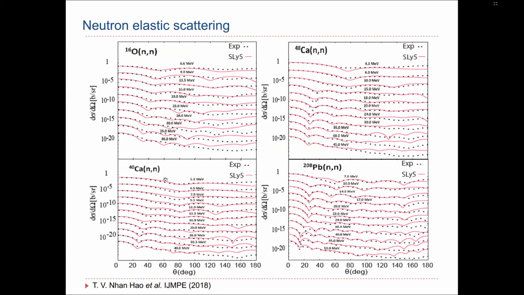Based on the result, some years later, when I had a job, I continued my research. I performed all the calculations for the doubly closed shell nuclei from oxygen-16 to lead-208.